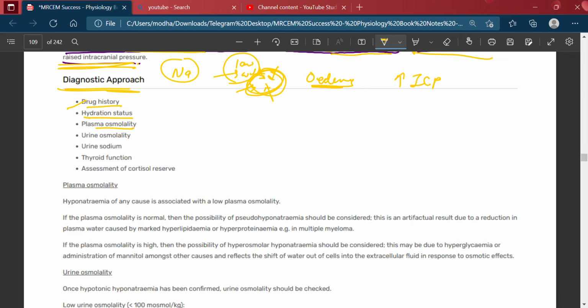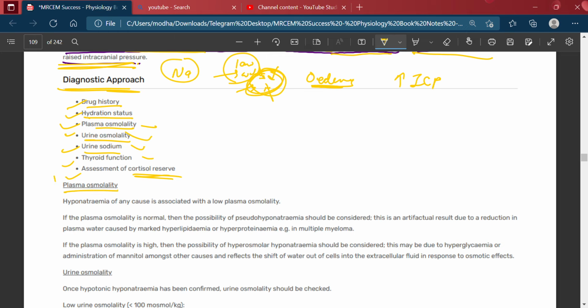We have to ask the drug history, then hydration status of the patient, then plasma osmolality, then urine osmolality, then urine sodium level, thyroid function, and assessment of the cortisol reserve.